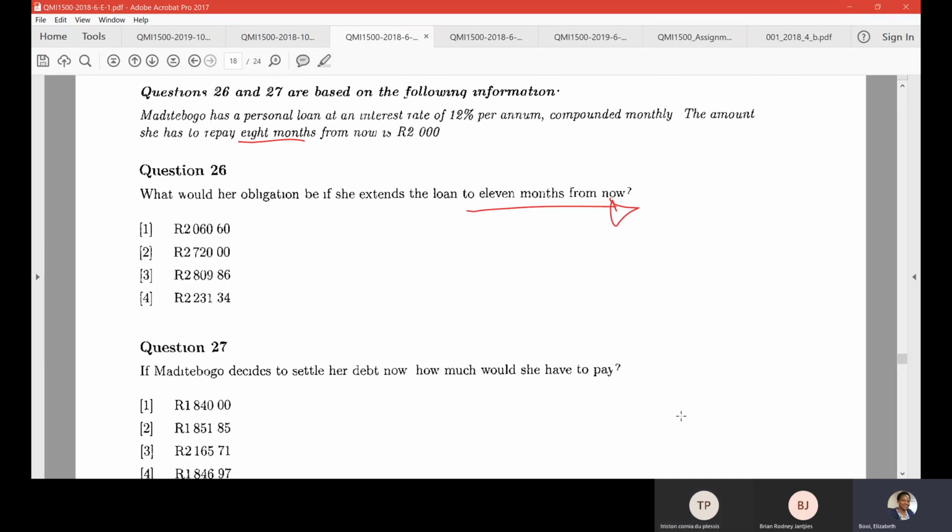Okay, so since all of them are moving forward, we just use S equals P times (1 plus R) to the power T, because it's moving forward. What is your R, which will be 0.12 divided by the compounding periods, which are monthly.